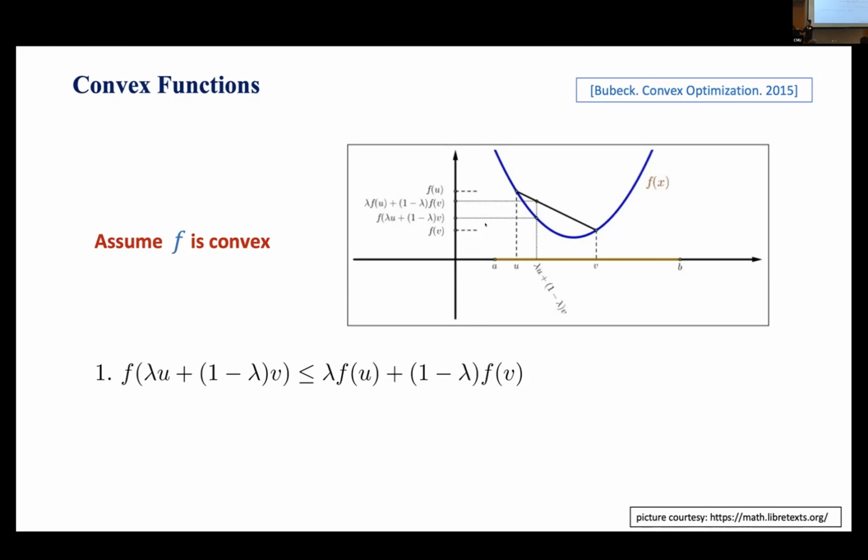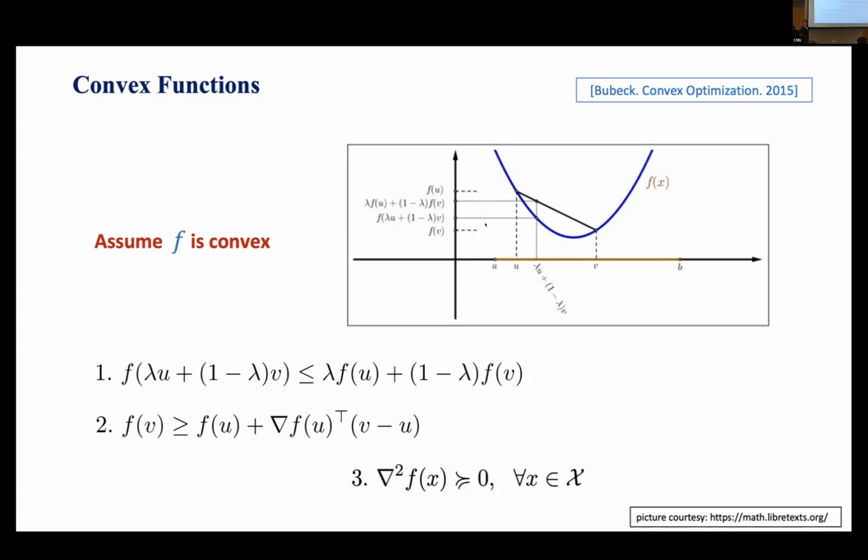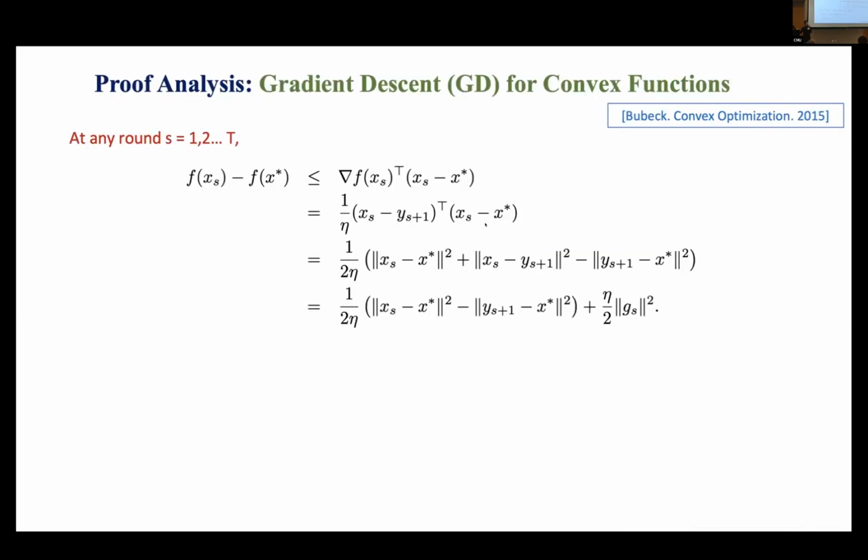Or essentially, if you take the linear approximation of the function at any point, the function value is going to lie above the linear approximation. If you are not aware of convex functions, I have all the references, you can just go and take a look. This turns out to be a very important property for us to analyze the convergence rate of the gradient descent algorithm. We'll see in a moment why.